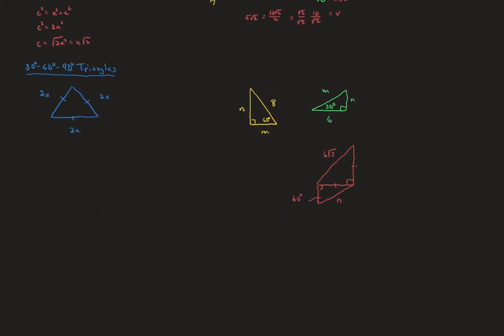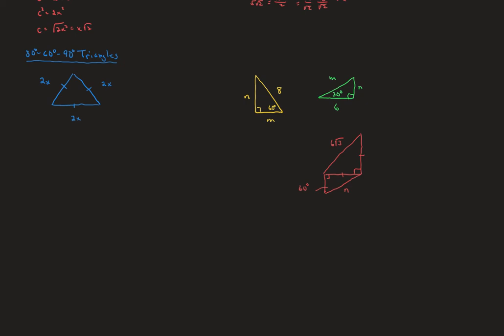Now let's talk about 30, 60, 90 triangles. In a 30, 60, 90, we're going to start with an equilateral triangle. All three sides are the same length. I'm going to name those side lengths 2x because that's going to make the work go a little bit easier here.